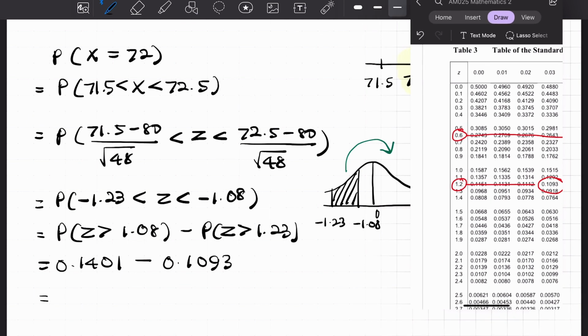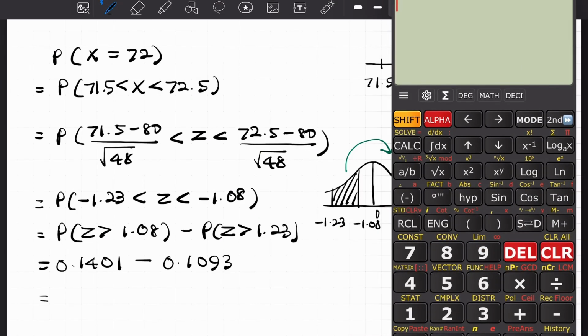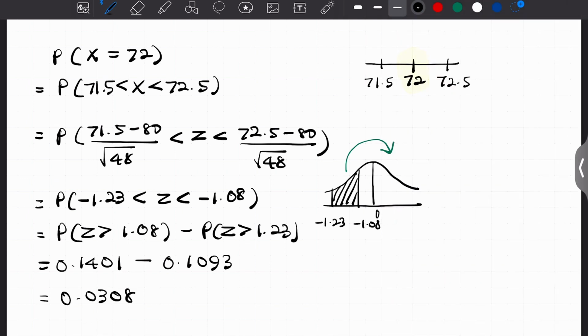Let us find the difference between these two figures: 0.1401 minus 0.1093 gives 0.0308. That's it.